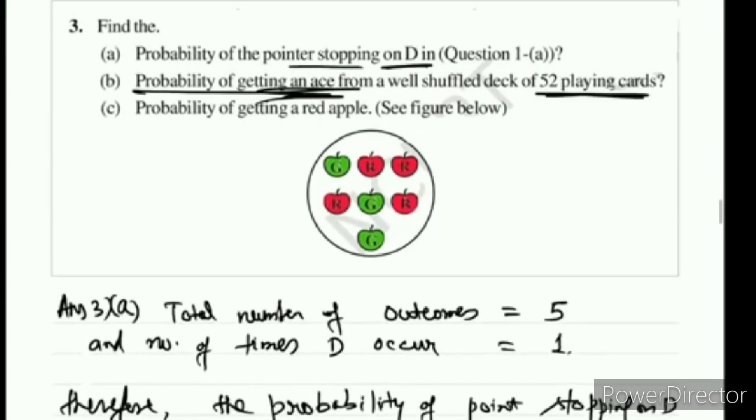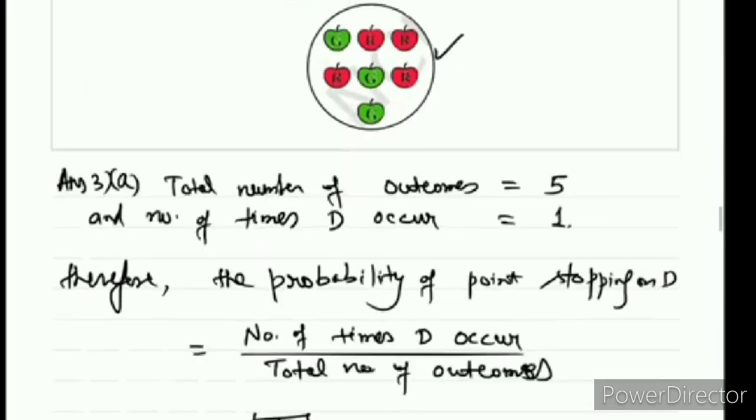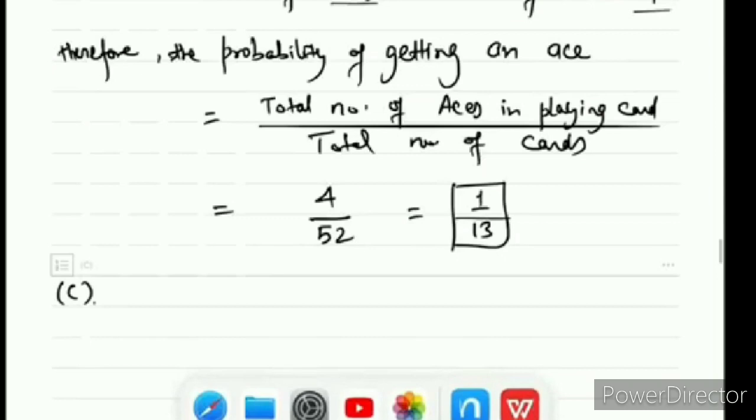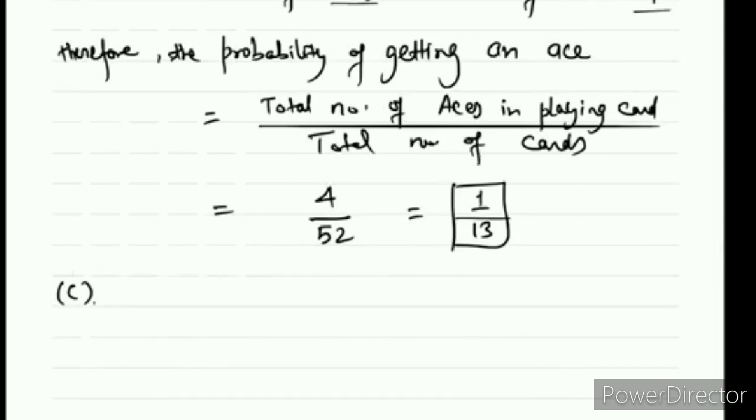Third part of question, probability of getting a red apple. See figure below. In this circle there are totally 7 apples. 3 are green, 4 are red. They are asking the probability for red apples.